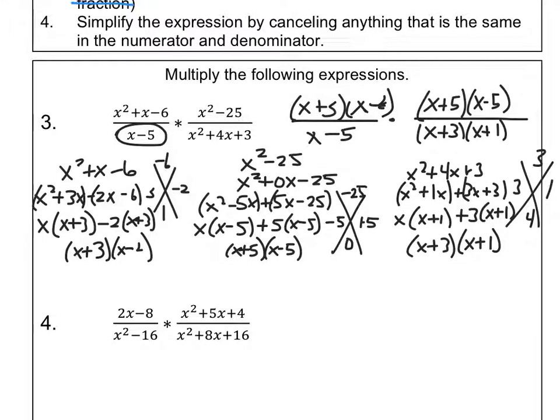Okay, so now I've got everything factored. Top left, top right, bottom right. Okay, now I've got to do my domain. Now on my domain, the only thing I'm worried about again is the bottom. So I take each part of the bottom, set it not equal to 0, just like I did in the last problem.